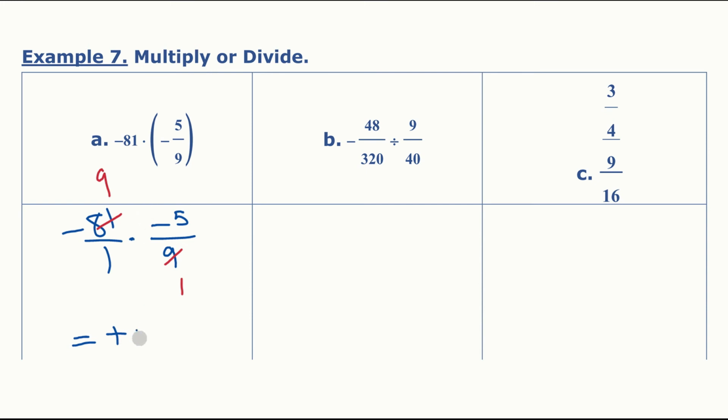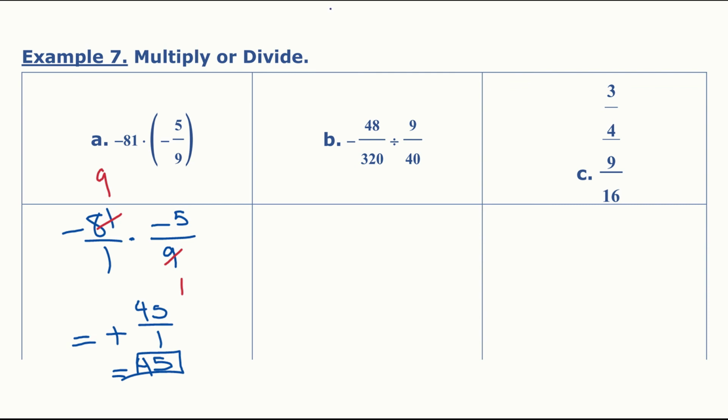Now, even though we may not type that into any kind of an answer box, we still can write it and it'll help us, hey, we took care of the sign, right? So we get positive, what's left on the top, 45 over 1. So basically 45. So all we're going to write for the answer is 45, like that.